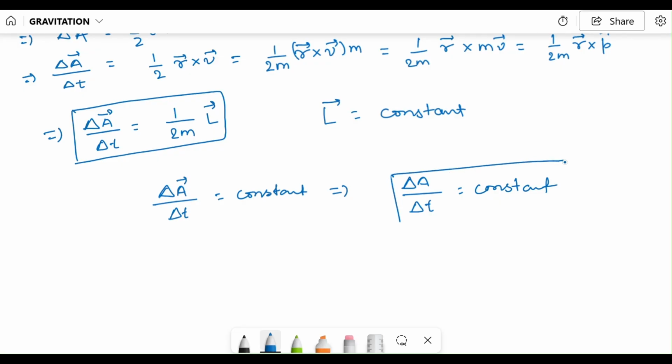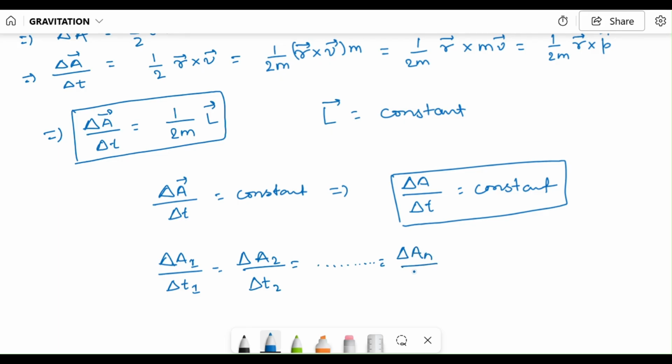Now we have arrived at the same situation. If this is constant, it means delta A1 by delta T1 equals delta A2 by delta T2, and if you are taking some more instances, you can go up to n number of such instances.